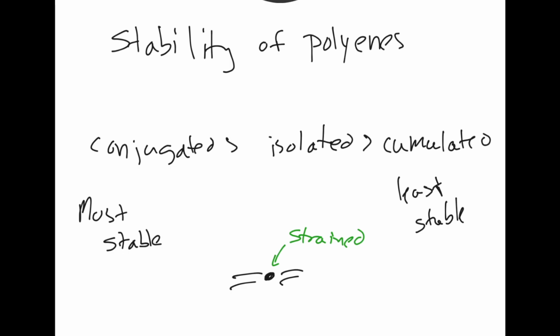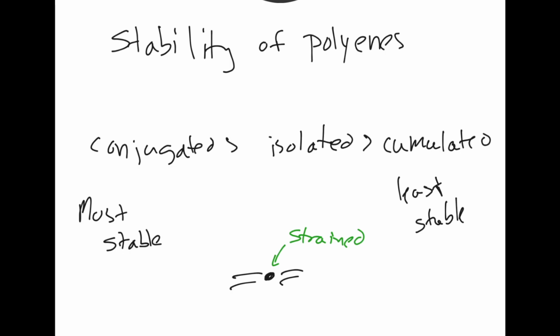It's getting pulled in two different directions at the same time. It's like, hey, make a double bond over here and over here. So there is some strain inherent with that central carbon having two double bonds, and that strain leads to cumulated double bonds being less stable than isolated double bonds.